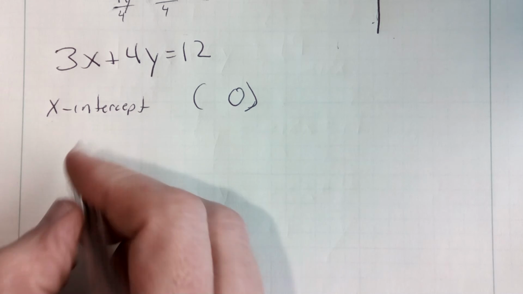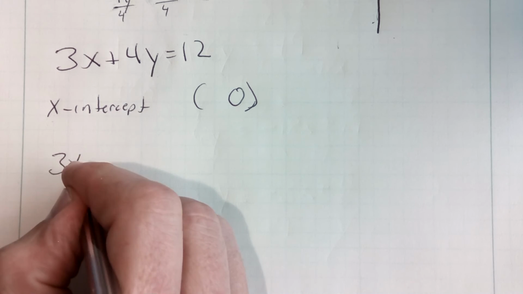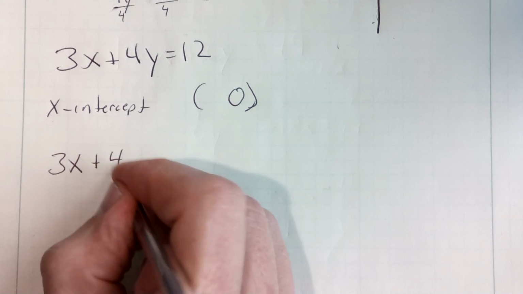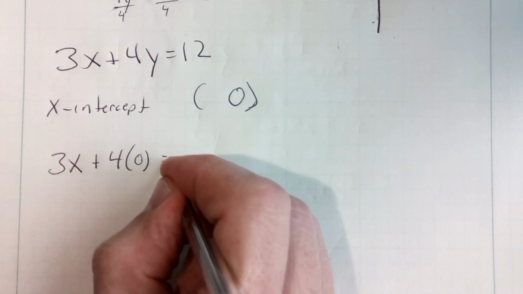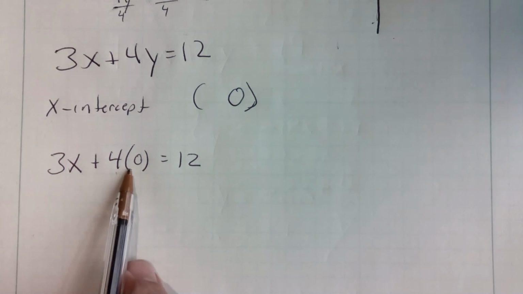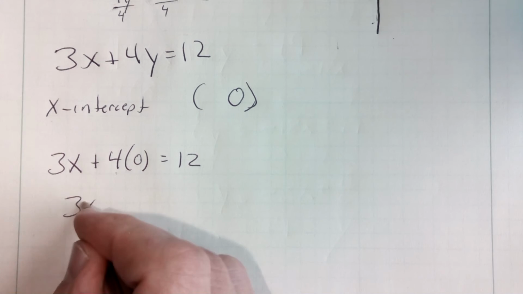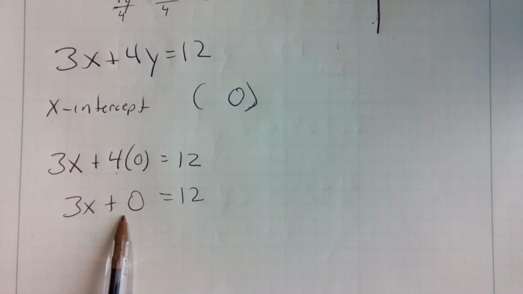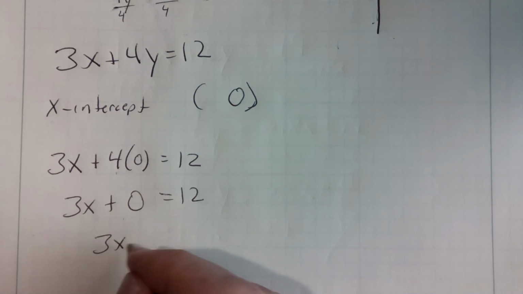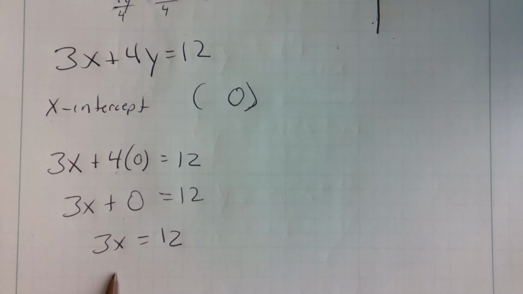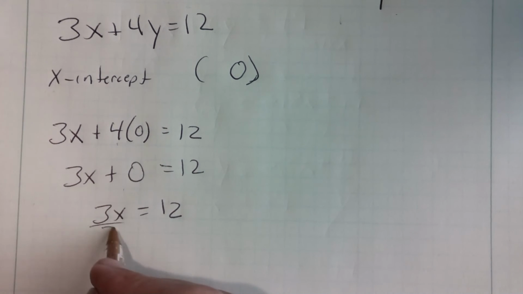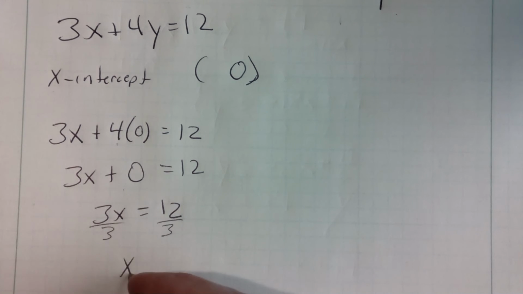So again, that would be 3 times x, because now we're looking for some unknown x value, plus 4 times 0 equals 12. Well, what's 4 times 0? That's just 0. So it's 3x plus 0 equals 12. Do I really need to write the 0? No. It's just 3x equals 12. So again, I get to this one-step equation that's very simple to solve. Divide by 3, and I get x is 4.